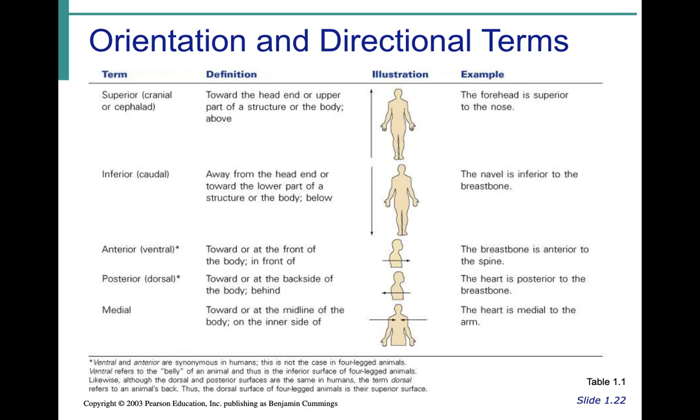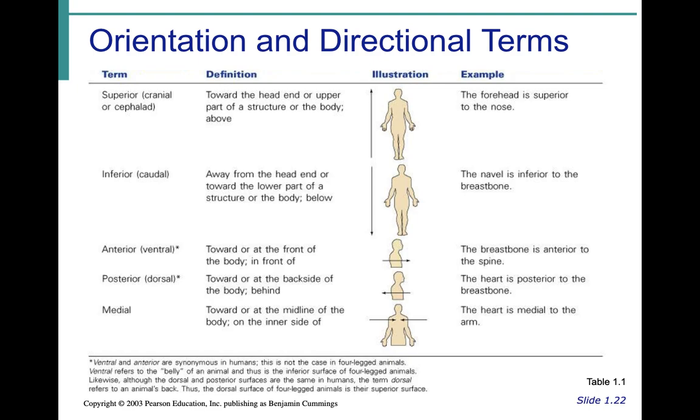If you are looking at bones in the body, the breastbone is anterior to the spine. The heart is posterior to the breastbone. So it has more reference to your belly region versus the back, and which are more towards the front and which ones are more towards the back.